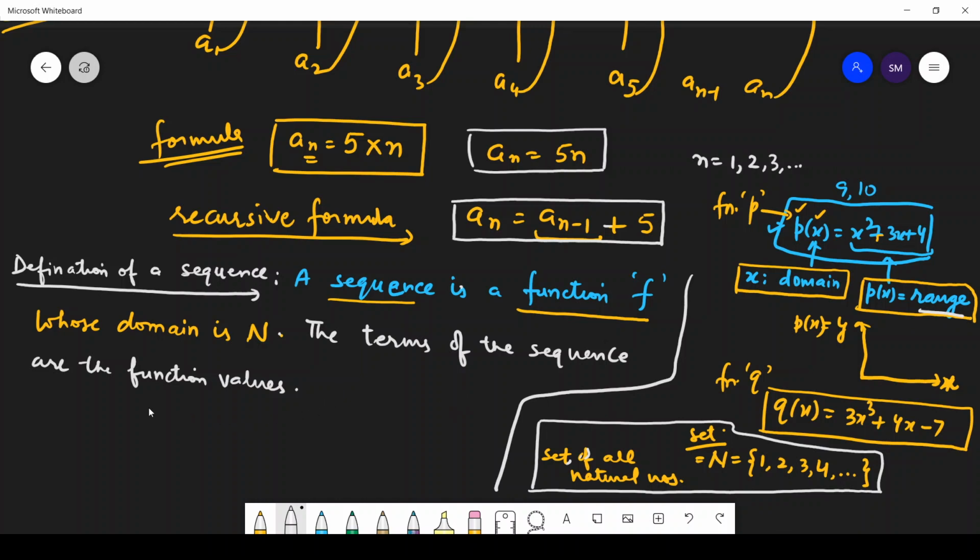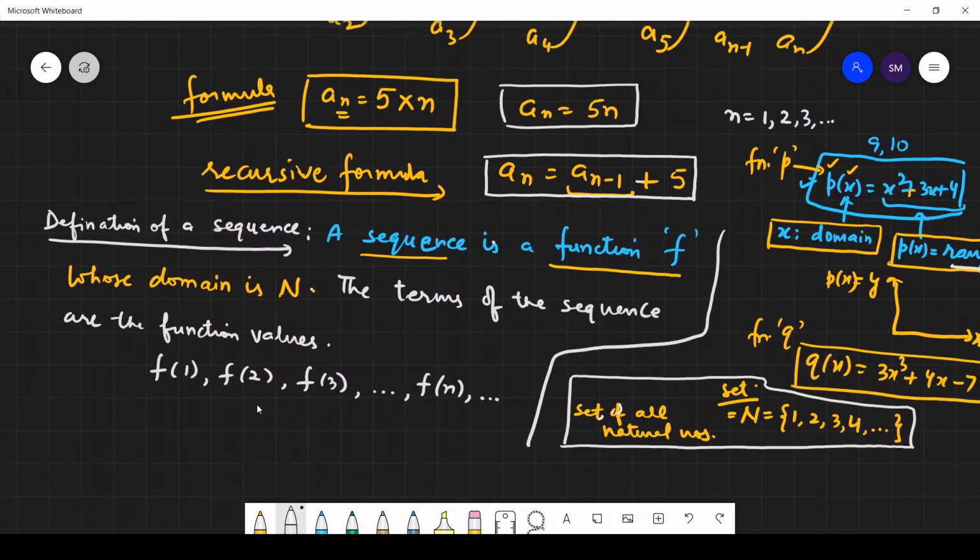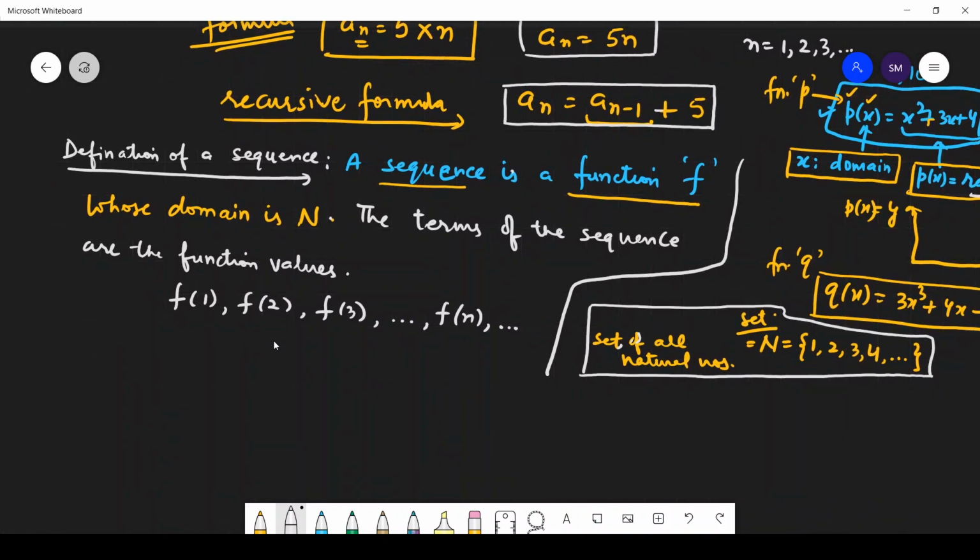So how do we write these terms? The terms can be written as f of 1, comma, f of 2, comma, f of 3, comma, then 3 dots, then comma, and then f of n, and then comma, and then 3 dots, because you know that a sequence has infinite terms. So that's the standard way of writing the definition of a sequence.